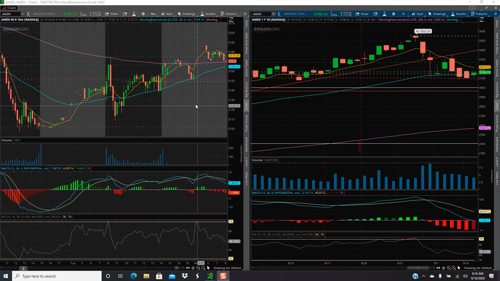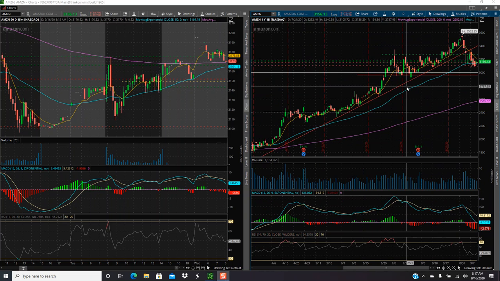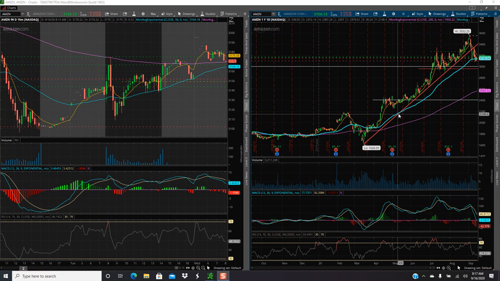Let's zoom in a little bit. On the daily, we're still on this 1, 2, 3 moves. So we're in a downtrend. We also have this red line right here. If you can see this diagonal line going up, that's the uptrend. We broke through it, and then we started to resist against it when it came back up.